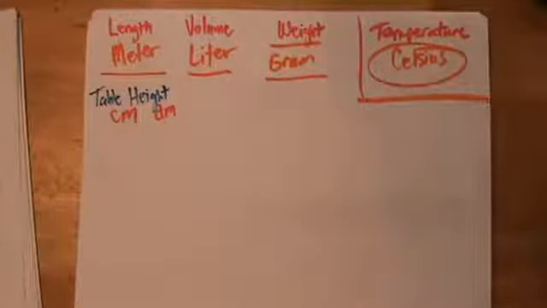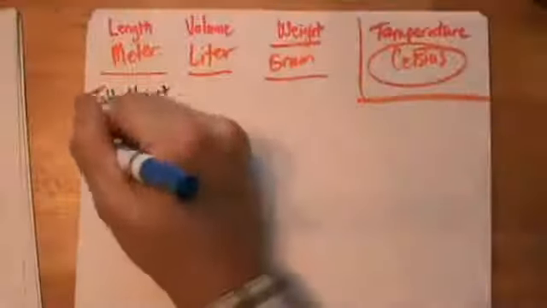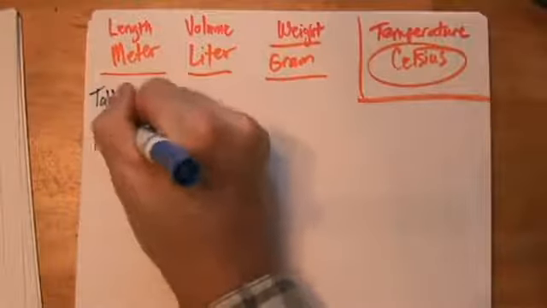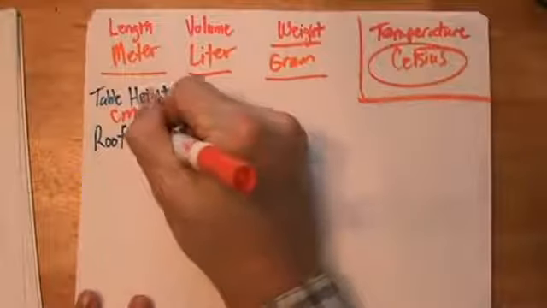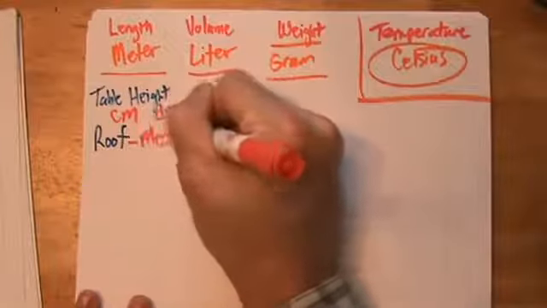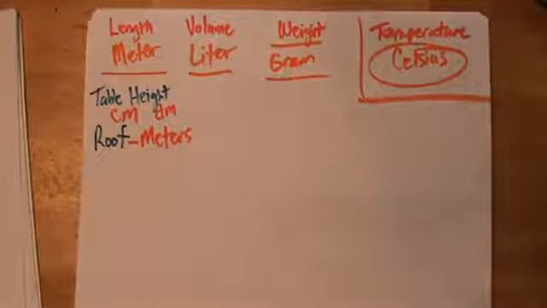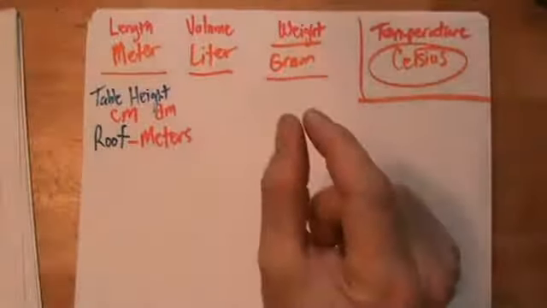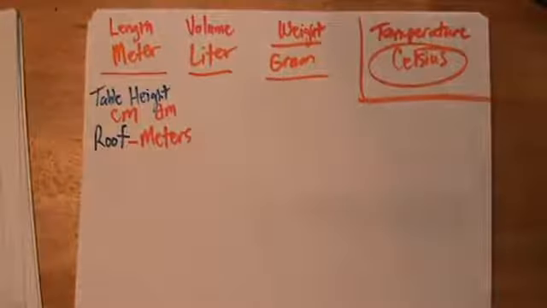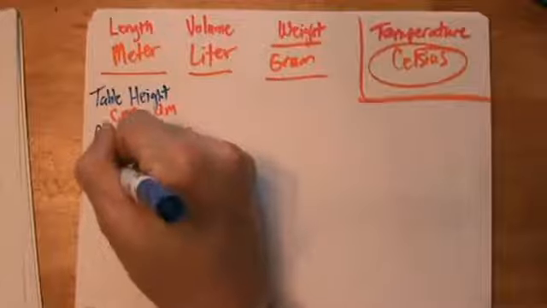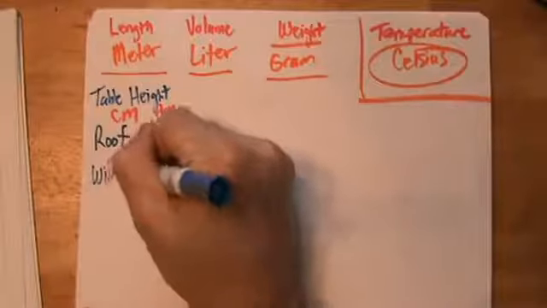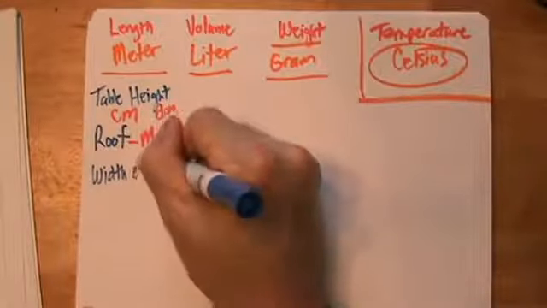If you were asked to measure the height of the roof on your house, you would probably do that in meters. And then the smaller unit, the millimeter, would be for measuring, for example, the width or the thickness of a coin.